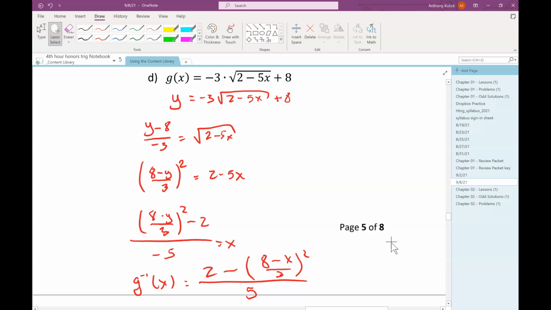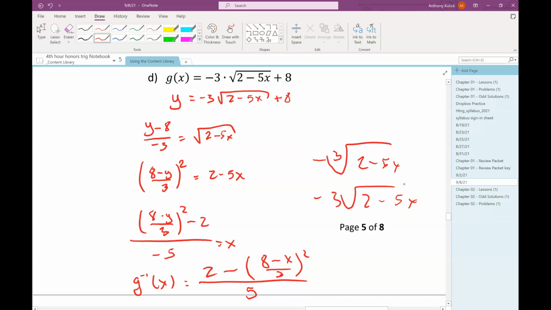I'm a little confused on what the dot means between the negative 3 and the square root. Just multiplication. Oh, okay. Why I put it there is so I didn't want anybody to think this was a negative cube root of 2 minus 5x, in case they saw something like this and weren't sure whether the 3 was the index or the coefficient.